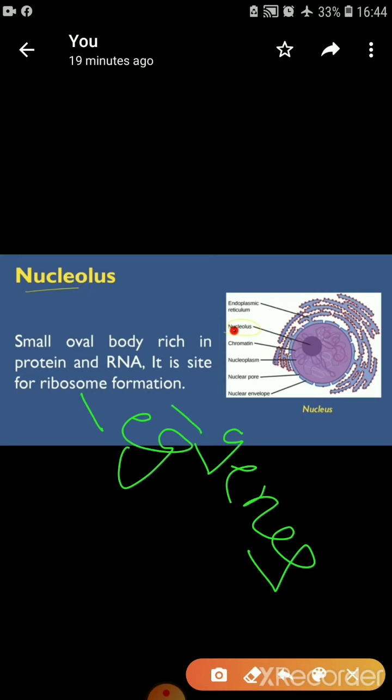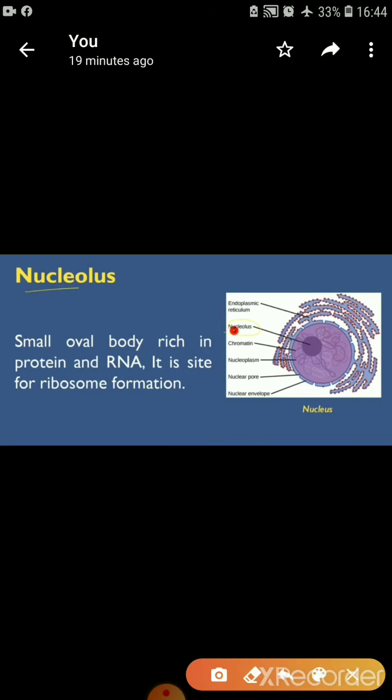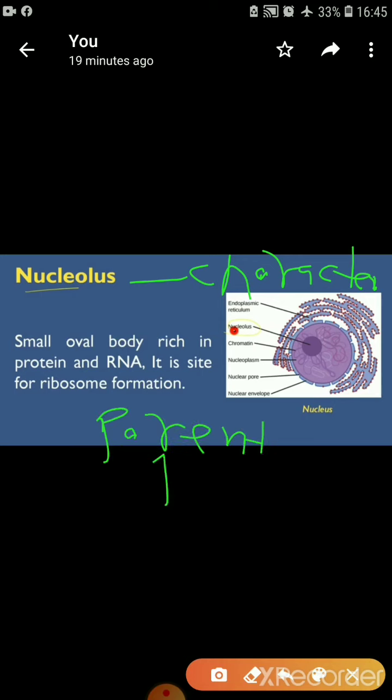Due to these genes, that means due to these RNA and DNA, the characters pass through from parent to offspring. Here offspring is the technical term for children and kids.